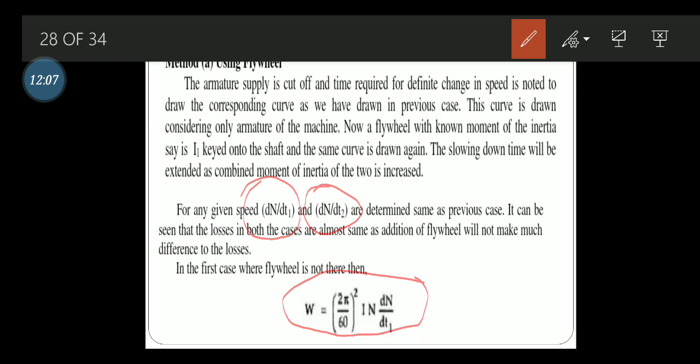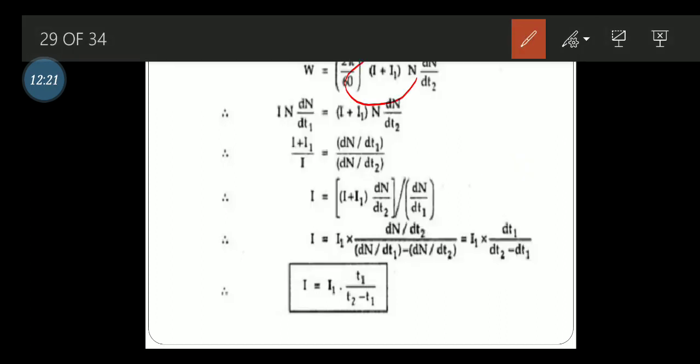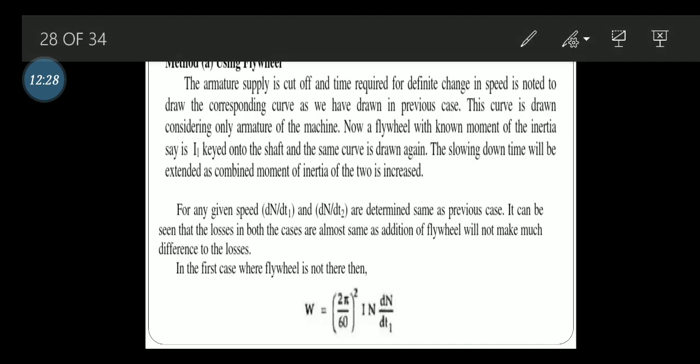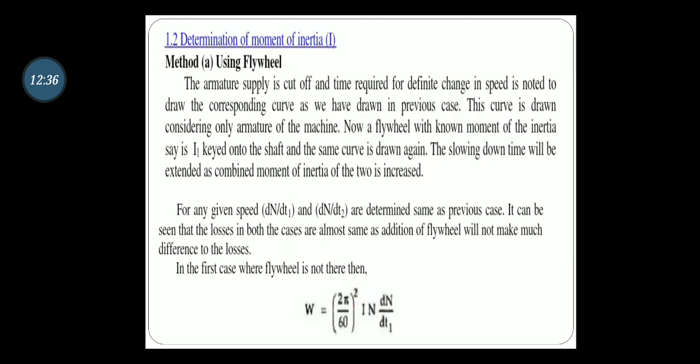If the flywheel is used, we add the flywheel to the motor armature. In the second case, I1 plus I2 is to be written in place of I, that is, I1 is added to I.